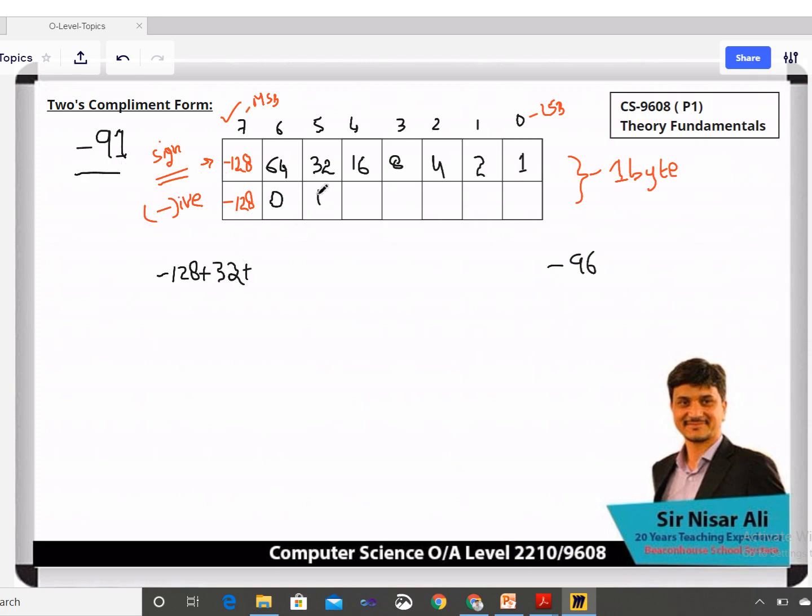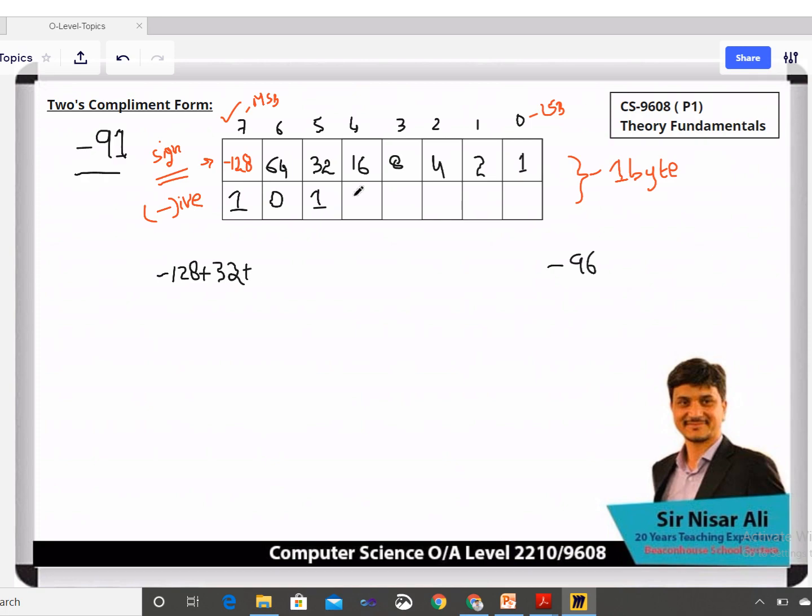So we'll use it as 1. Let me also correct it. So we also have to declare this as 1.